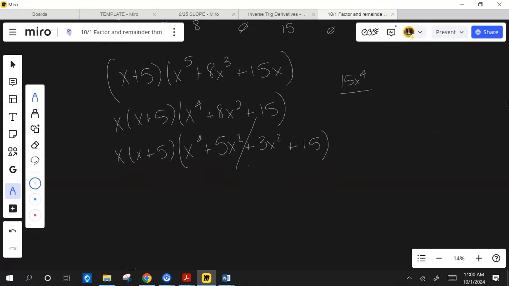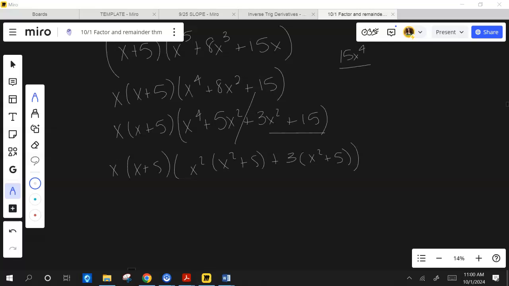We're going to slash it. So I got x times x plus 5. Take out an x squared. Leaves me with x squared plus 5. Oops. What can I take out of the last two? 3. What's it leave me with? All right. Whoa. X plus 5.